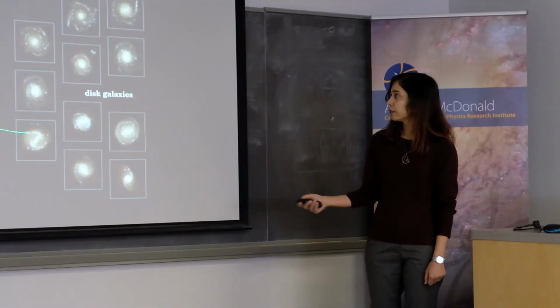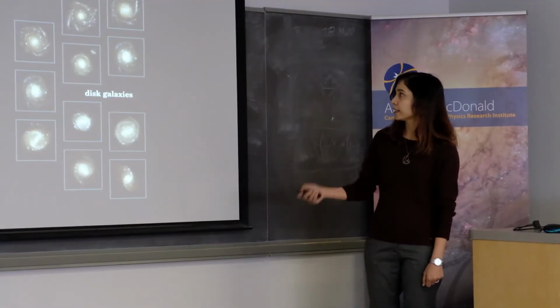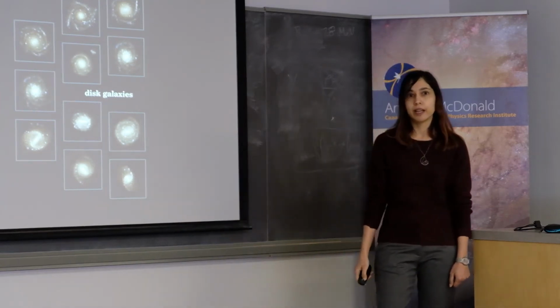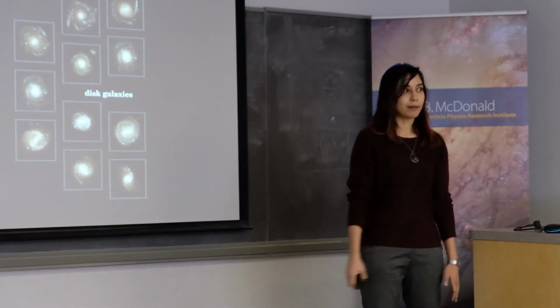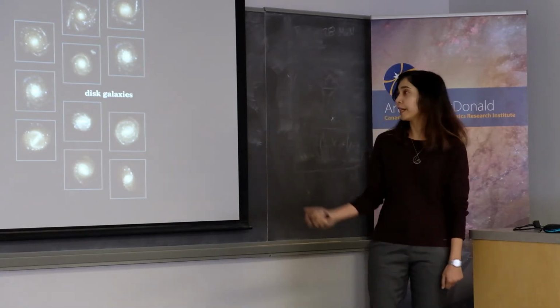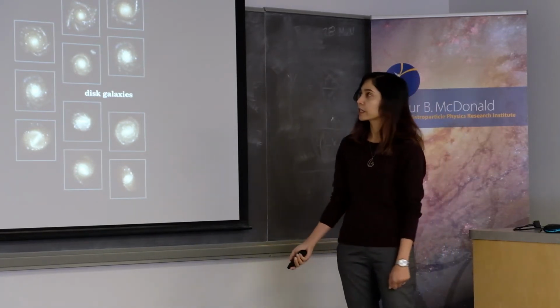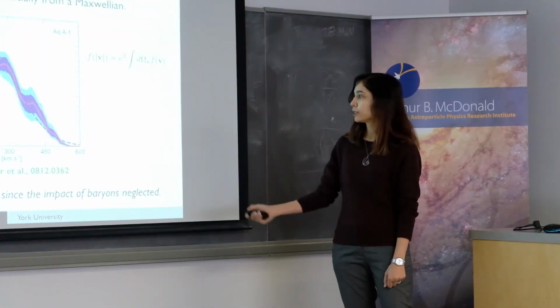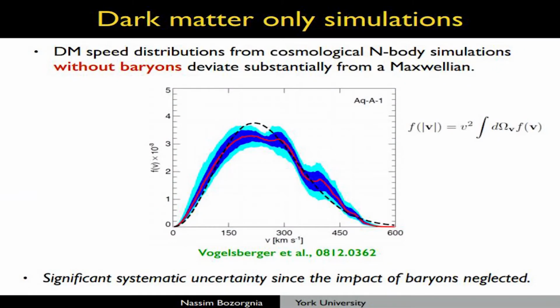So we wanted to go to these galaxies, find ones which are similar to the Milky Way, and see what the dark matter velocity distribution is at the position of the Sun, because there are many of these galaxies in these simulations. This was done in 2008 with dark matter only simulations.